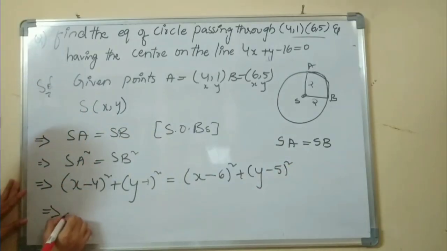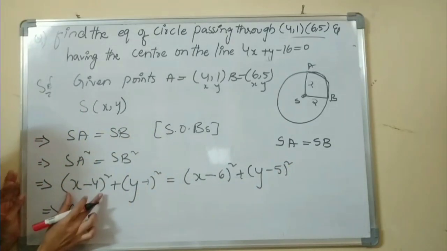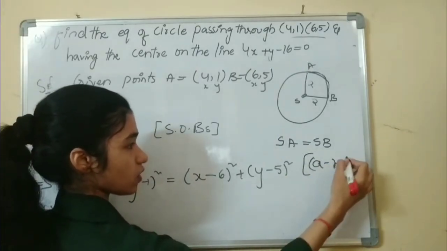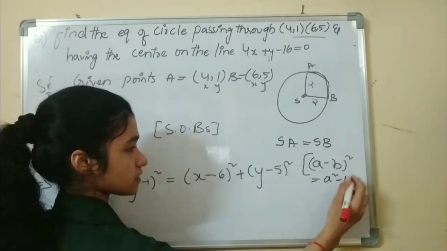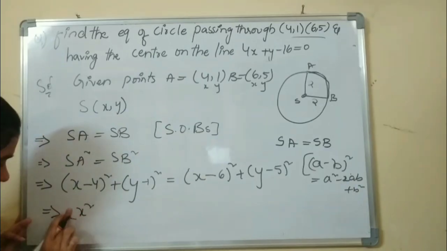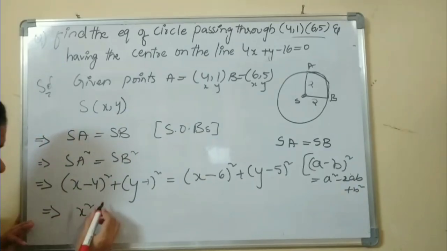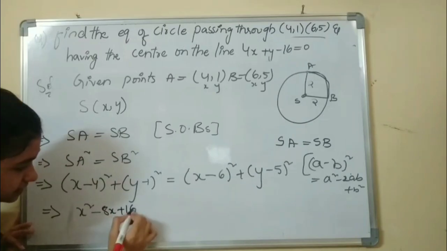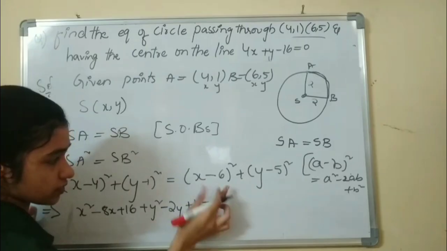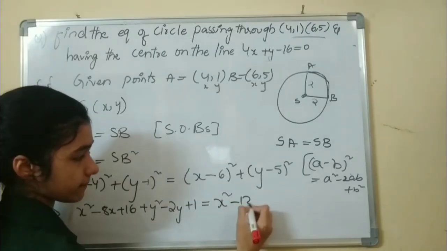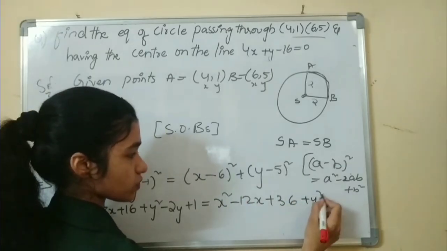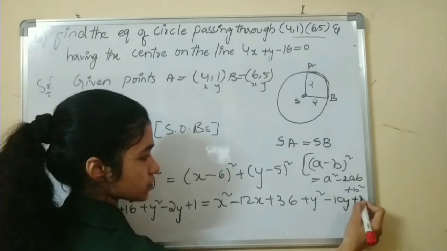Here we have (x minus 4) whole square, so we have to apply the (a minus b) whole square formula, which is a square minus 2ab plus b square. Removing the brackets: x square minus 8x plus 16 plus y square minus 2y plus 1 equals x square minus 12x plus 36 plus y square minus 10y plus 25.